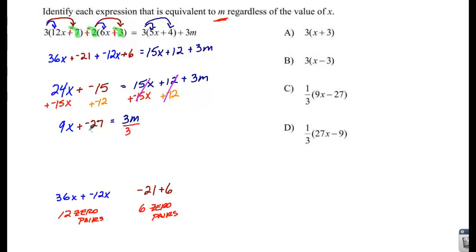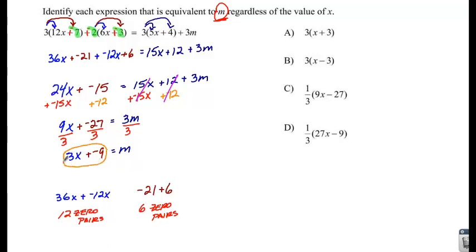Final step. We're going to divide everything by 3 because it's the coefficient of m. And one more time, up here we're trying to solve for m. 9x divided by 3, 3x. Negative 27 divided by 3 plus negative 9, all of that equals m.